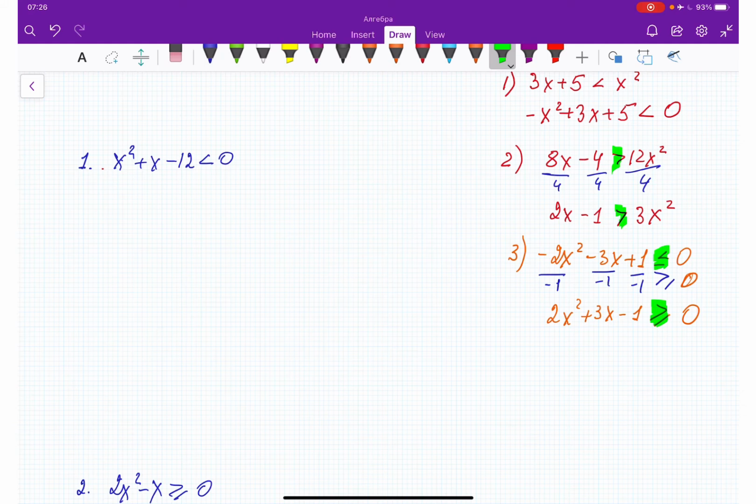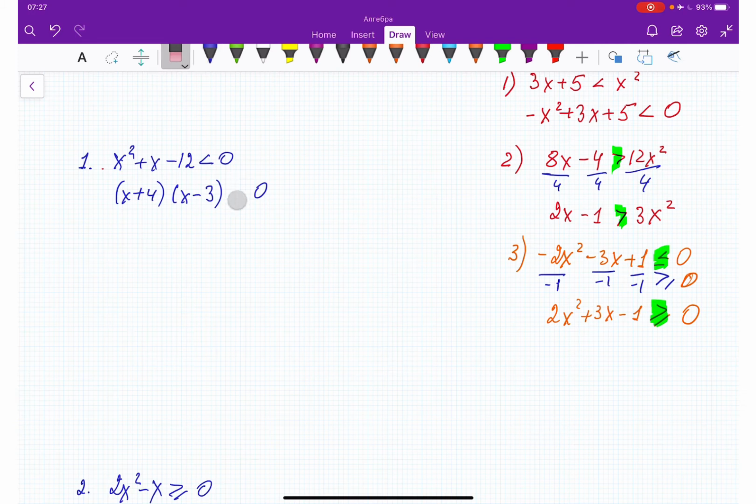Okay, so let's start. x squared plus x minus 12 I can break down as (x plus 4)(x minus 3) is less than 0, right? Because 4 times negative 3 is negative 12, and positive 4 and negative 3 is positive 1.